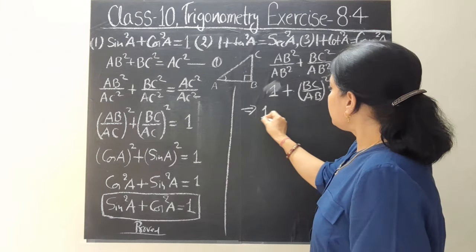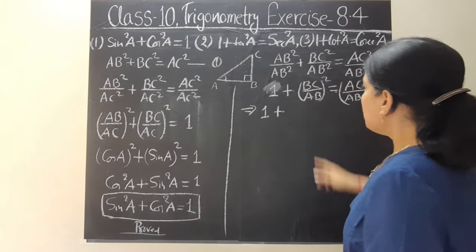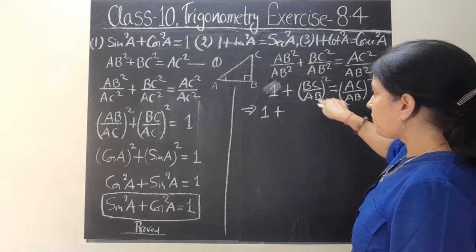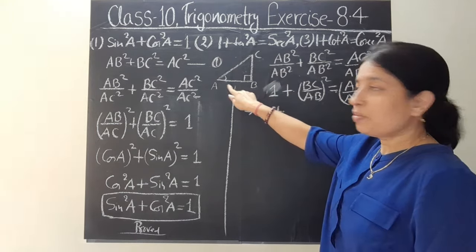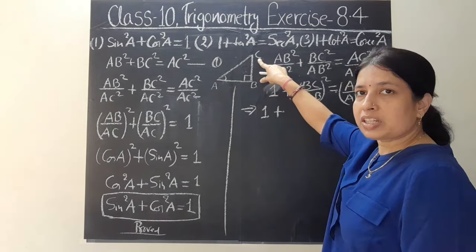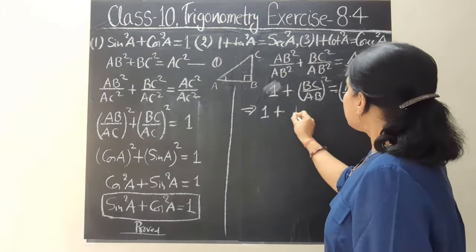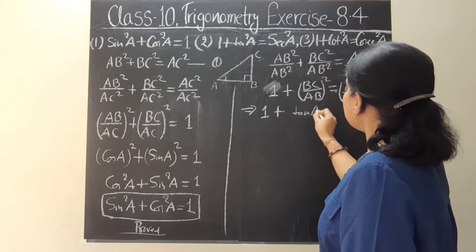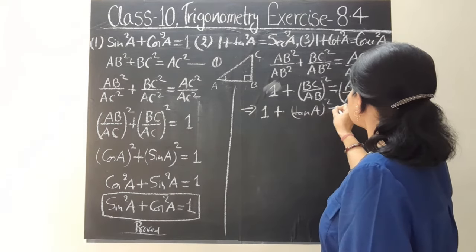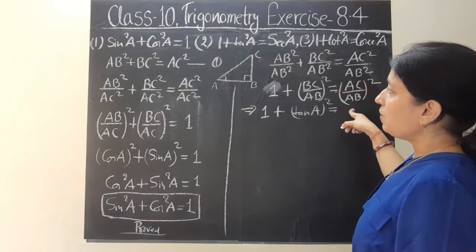So write 1 as it is plus, what is the value of BC by AB? BC by AB for this angle, perpendicular distance divided by base is tan A. Okay, so write here tan A whole square plus AC by AB.